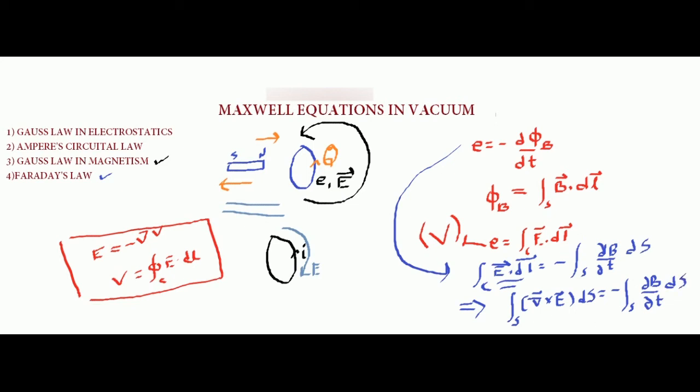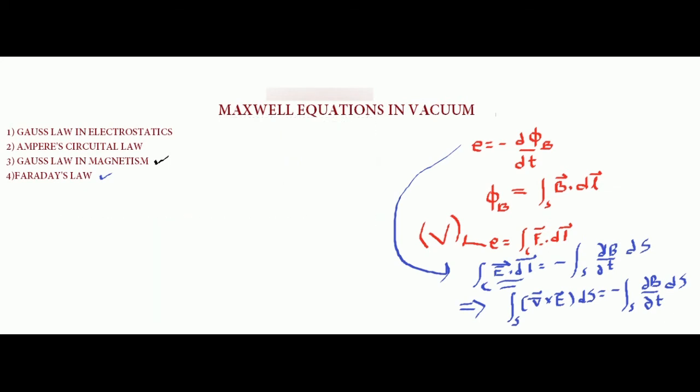So what is your last Maxwell equation? The fourth Maxwell equation can be written as del cross E equals minus del B by del t.